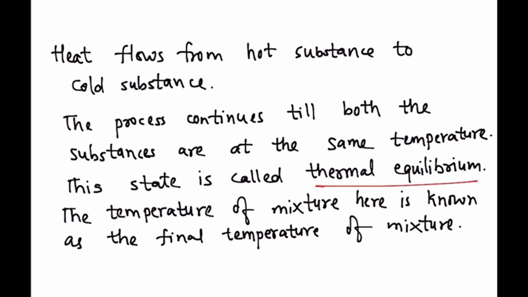Now let us understand this with the help of an example. Let us say we have a metal and the specific heat capacity of this metal is unknown. We want to find out the specific heat capacity of the metal.